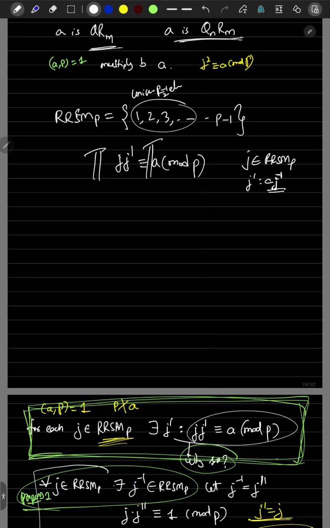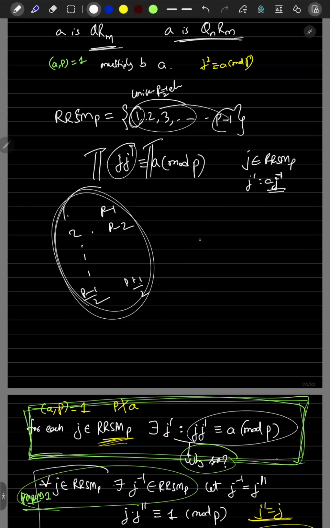So what will happen here? For 1 there will be the inverse P minus 1, for 2 it will be P minus 2, and so on. For P minus 1 by 2 it will be P plus 1 by 2. If you multiply all these things, it will look like 1, 2, 3, 4 and so on up to P minus 1. So from this what will you tell me?